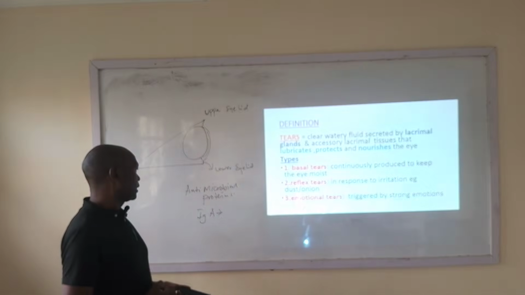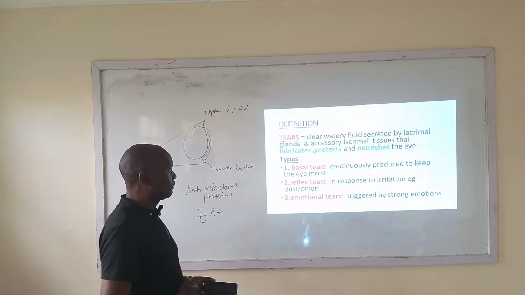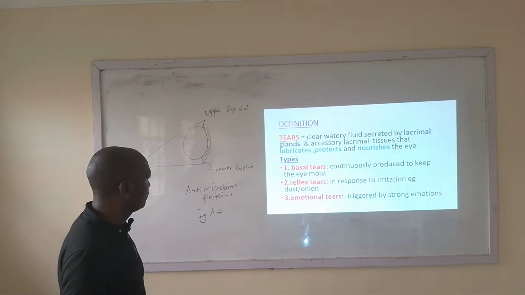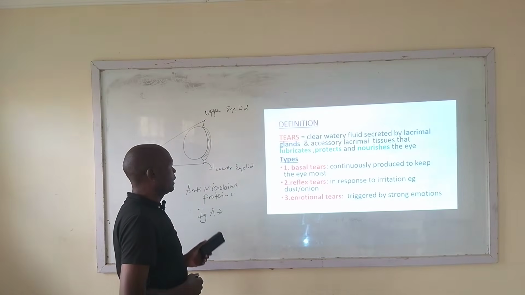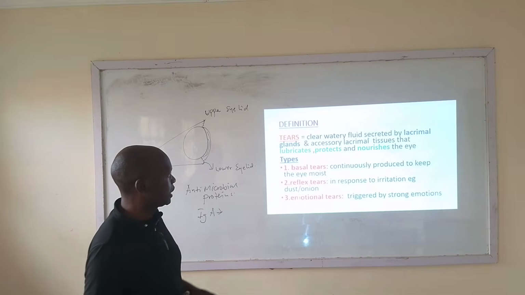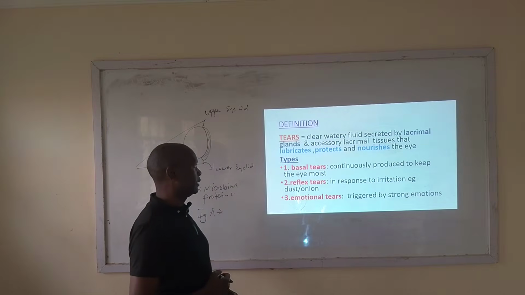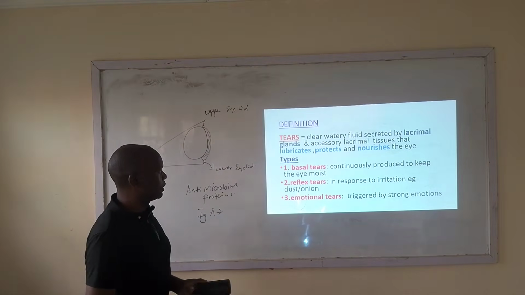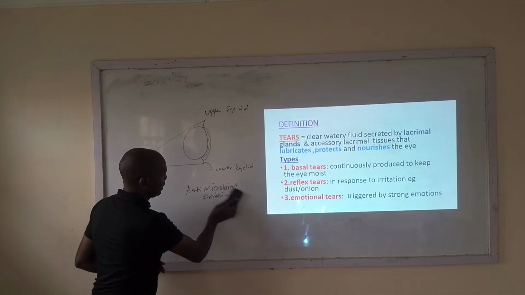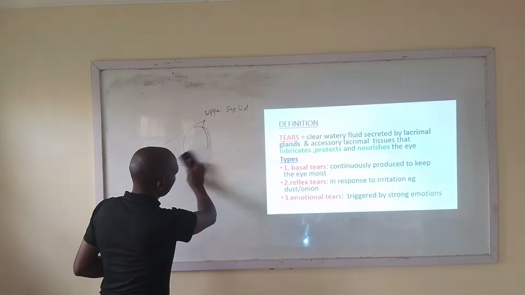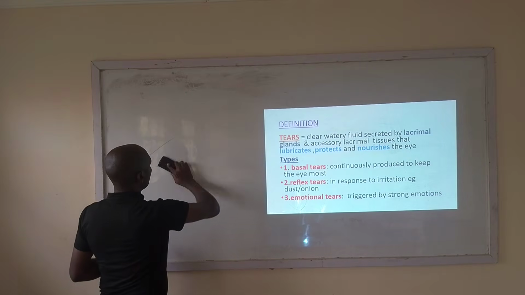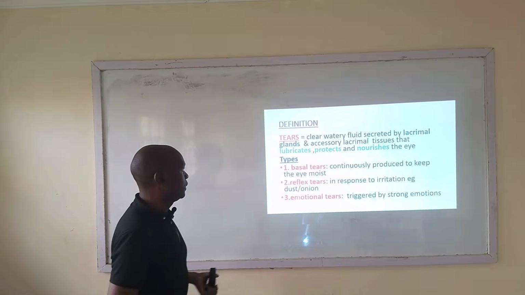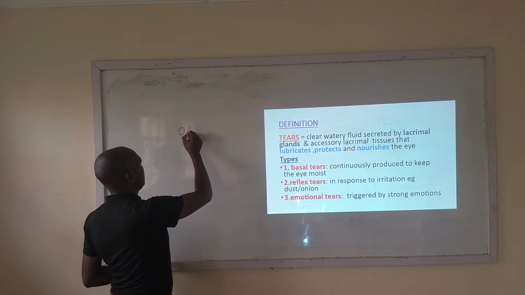Apart from this, we also have other antimicrobial enzymes, and they function to offer protection on the surface of the eye. And then another function is nourishment. A good example when we talk of nourishment is the provision of oxygen to the eye.